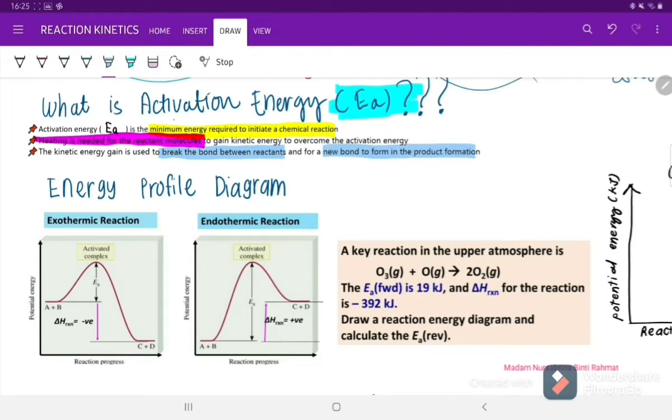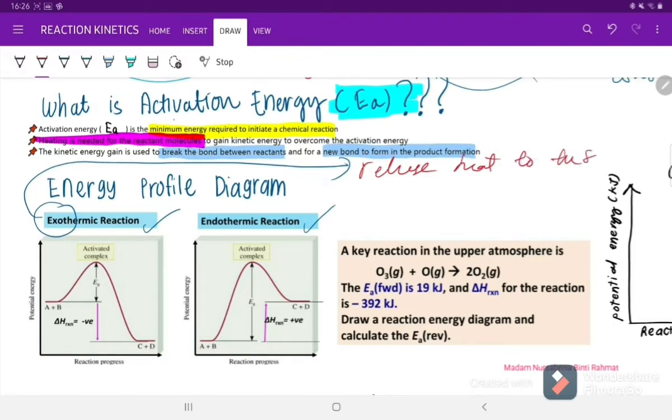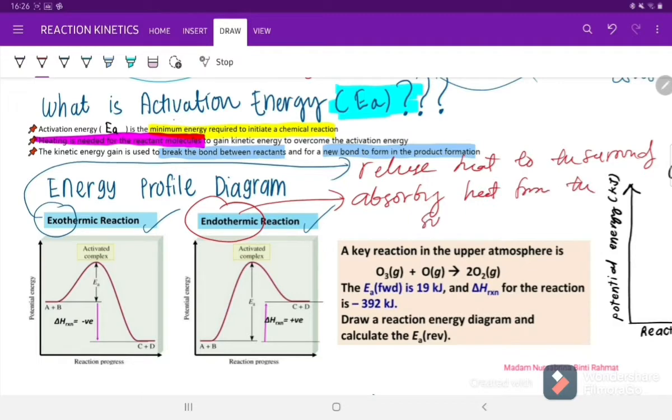There are two different types of reaction that you need to understand, which are exothermic reaction and endothermic reaction. Exothermic, where exo means to release heat to the surrounding, whereas endothermic means absorbing heat from the surrounding.